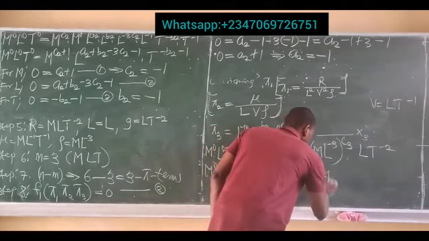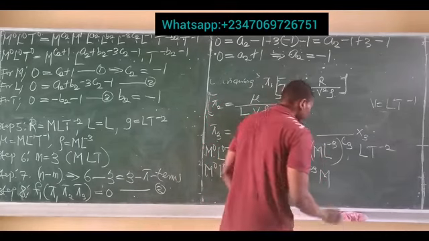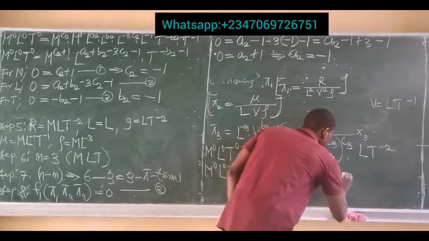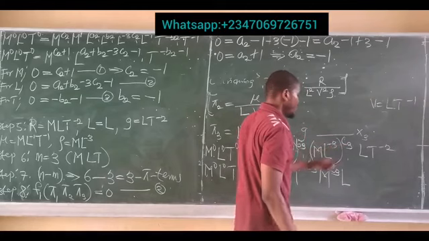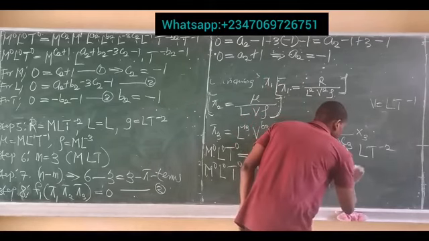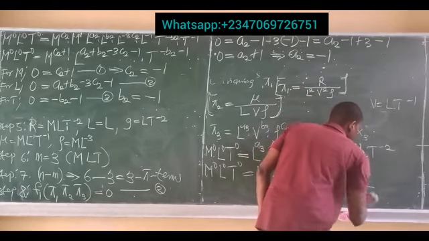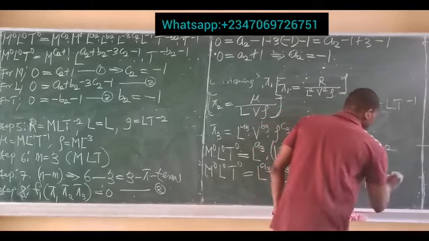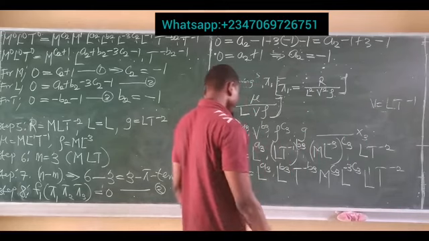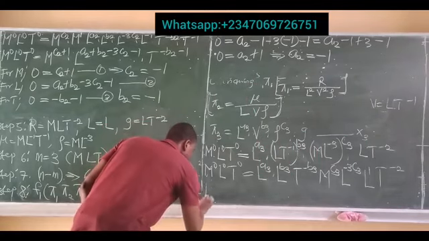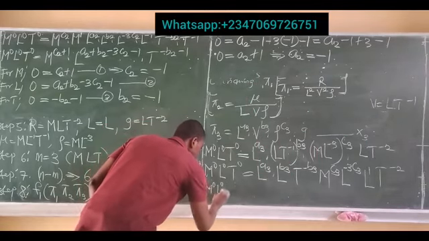I have M to the power of 1 multiplied by C3, that gives us MC3. L to the power of minus 3 multiplied by C3 gives us minus 3C3. Remember, L here is the same as L to the power of 1, and T remains to the power of minus 2.